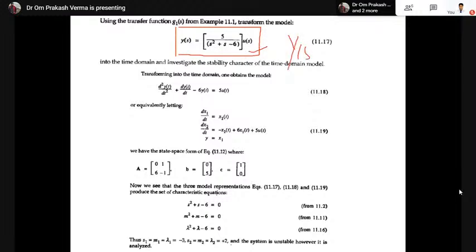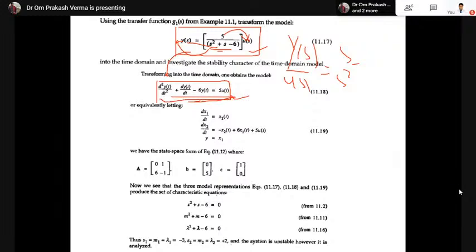We can convert this equation into state space: Y(s) upon U(s) equals 5 upon s square plus s minus 6, and the initial conditions are taken as 0. Based on that, you can find the differential equation from this Laplace transfer function. The s square term represents the second derivative and s represents the first derivative. So we have developed d2y/dt square plus dy/dt minus 6y equals 5u(t).